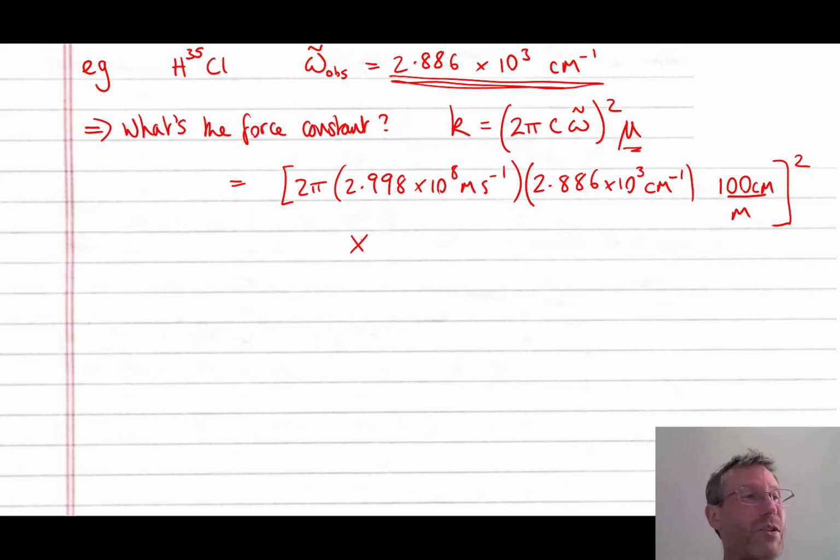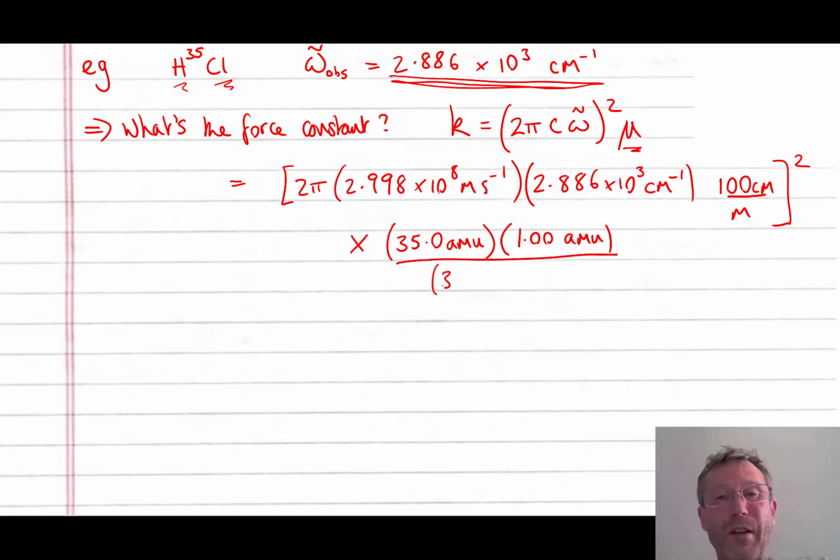The reduced mass is m1 m2 divided by m1 plus m2, so that's multiplied by 35.0 atomic mass units times 1.00 atomic mass units. We're talking about the individual nuclei here, divided by 35.0 atomic mass units plus 1.00 atomic mass units.